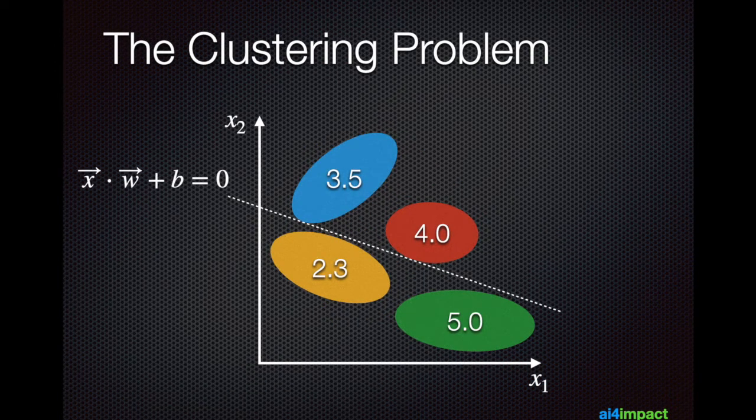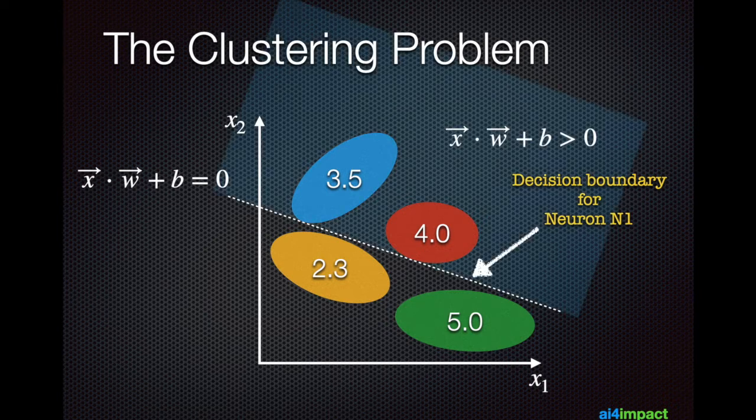Let's visualize this with this diagram. The line where the inner product with the bias is 0 is called our decision boundary. The dotted white line is the decision boundary for the neuron N1. Points above the decision boundary have an inner product larger than 0, and points below have an inner product less than 0.